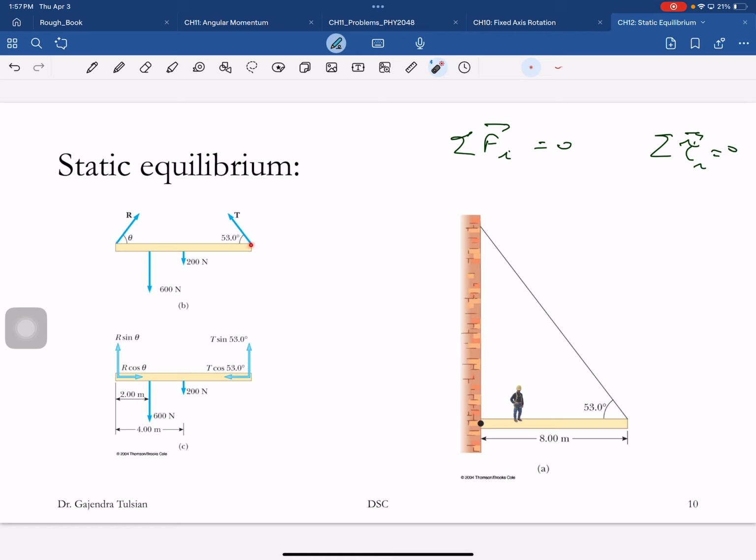So the torque of this force is different if you calculate it about this point, this point, this point, that point, and so on. How many points can you calculate the torque of this force about? Infinite. So in this equation, the question is, what point do you calculate the torque about?